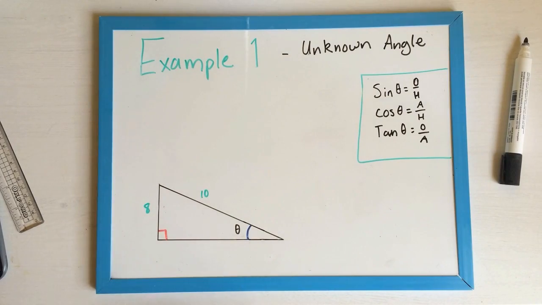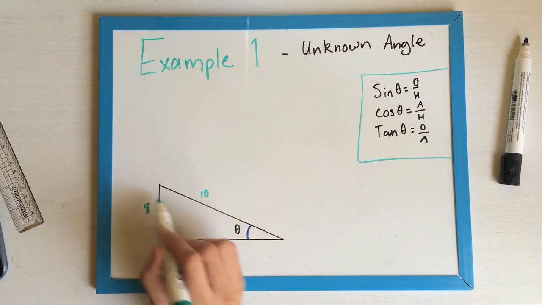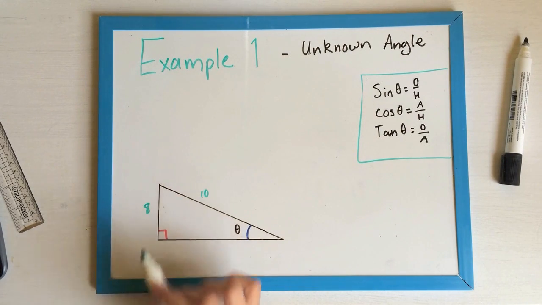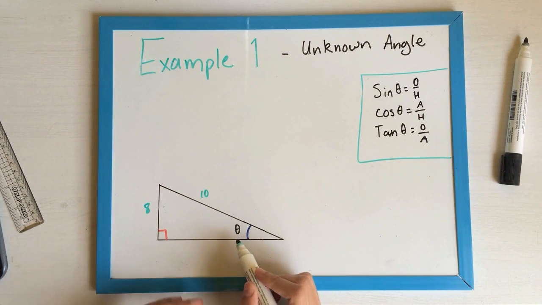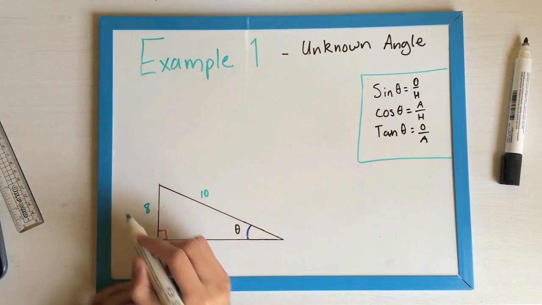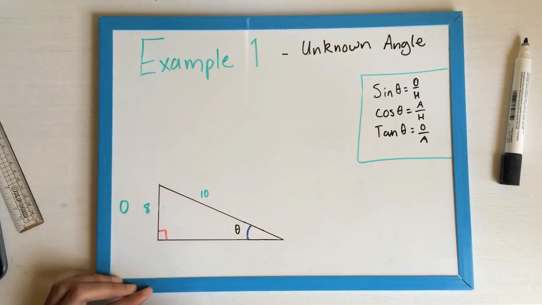So for this example, we have a right angle triangle with an unknown angle. We're also given lengths of the two sides, 8 and 10. Going back to the information that we learned earlier, we need to identify what these sides are. The side opposite our unknown angle is the opposite.